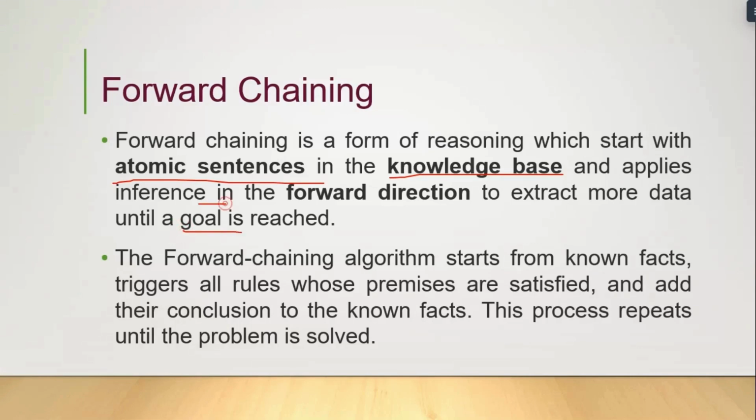The forward chaining algorithm starts from the known facts, triggers all the rules whose premises are satisfied, and adds their conclusions to the known facts. This process repeats until the problem is solved. This is what we call the forward chaining algorithm.